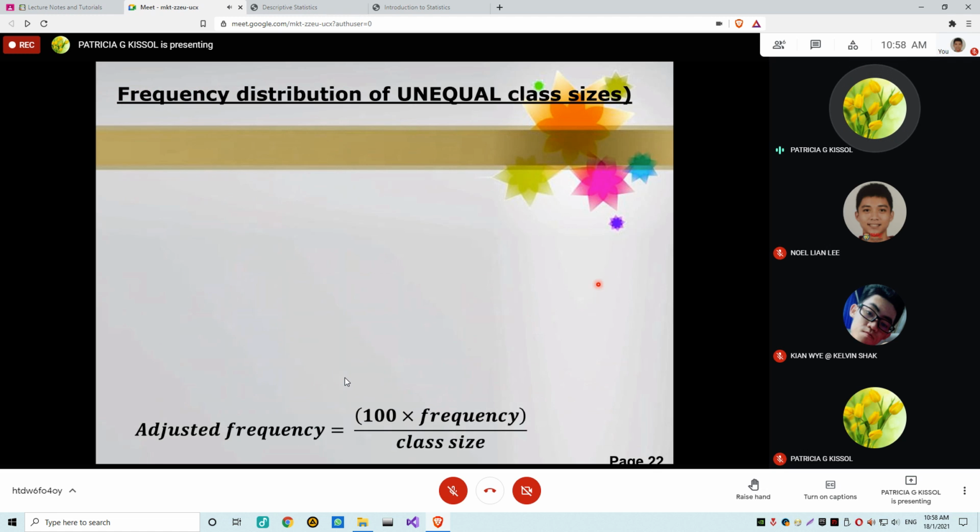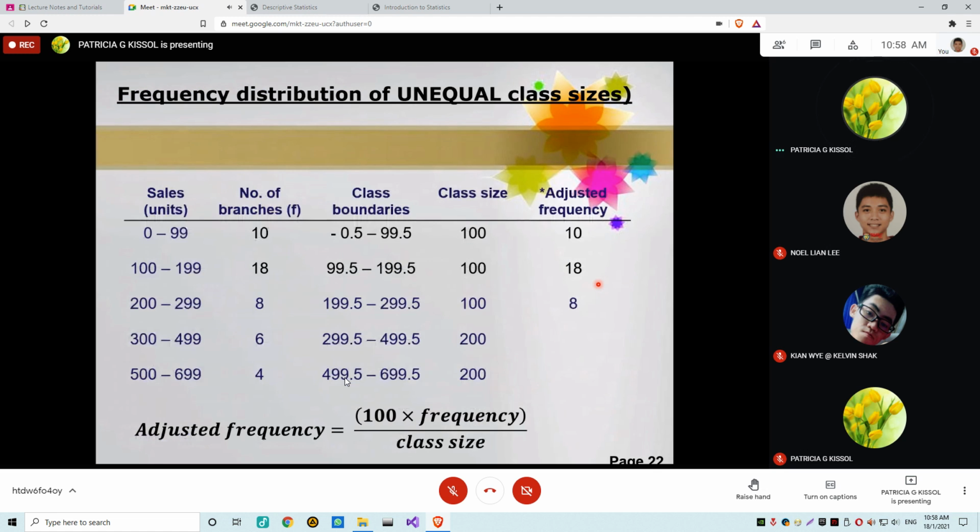Right, so for unequal class size, this is an extra example. I don't think you have it in your notes, but just to show you, the class sizes 100, 100, 100 are the same. Suddenly 200, 200. If the frequency is 10, 18, 8, they are the same because the standard size is 100.